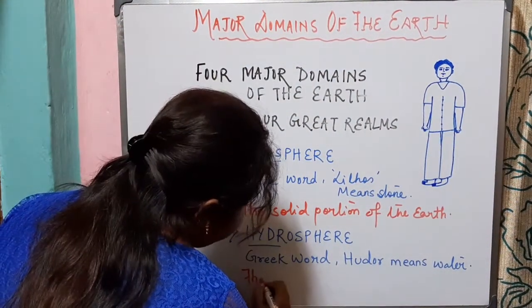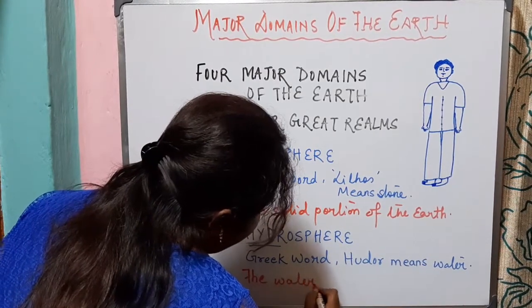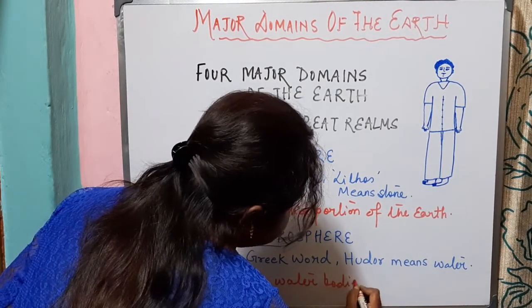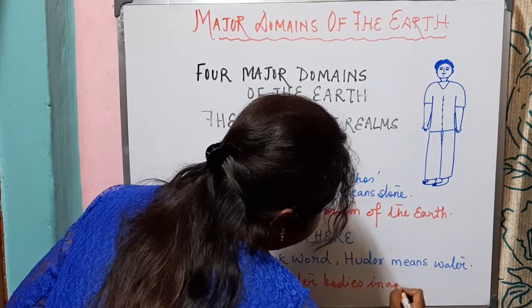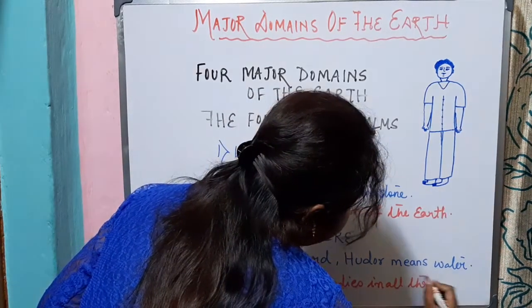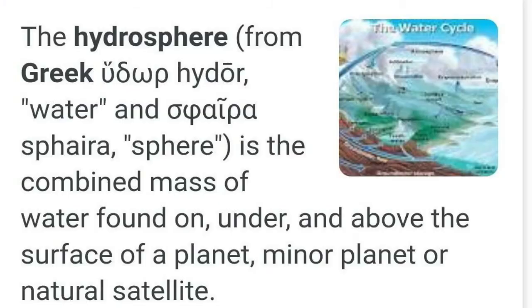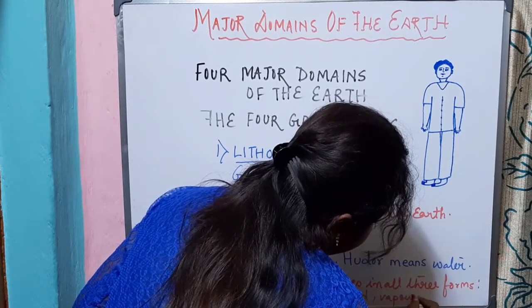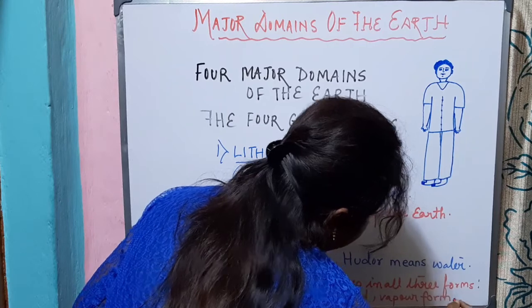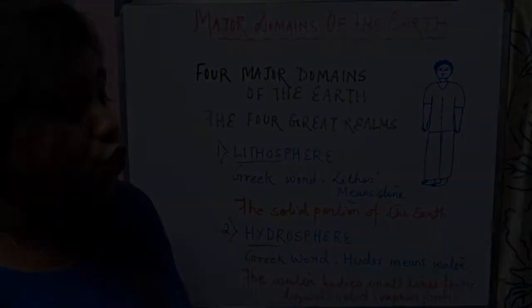Hydrosphere means the water bodies in all three forms. That means in liquid, solid and vapor form.